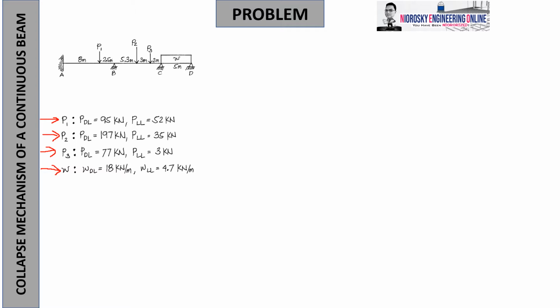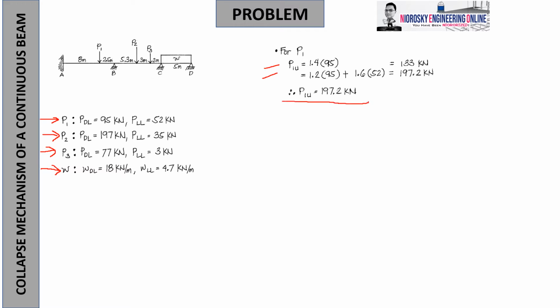So if you recall, if there is dead load and live load, we need to use the first two load combinations: 1.4 times the dead load alone, or simply the 40% magnification of the dead load, and load combination number 2, which would be 20% magnification for dead and 60% magnification for live load. That's why for P sub 1, you are going to calculate P sub 1 sub U by these calculations, as shown, and then eventually we will have 197.2 kilonewton.